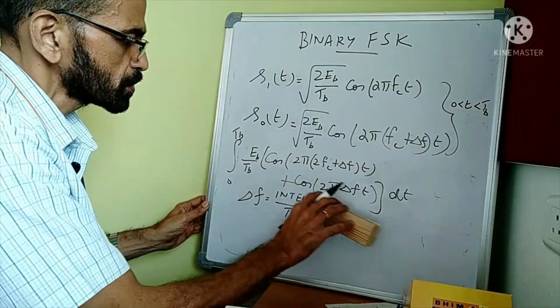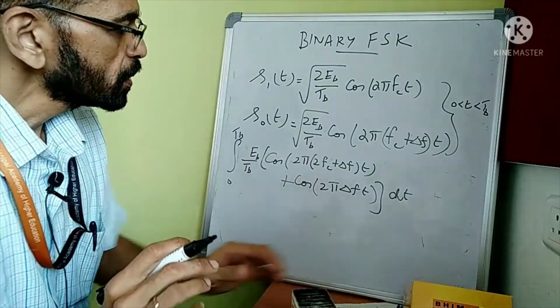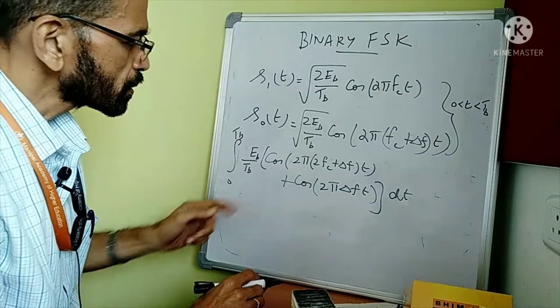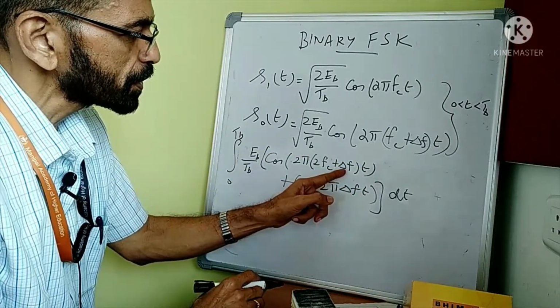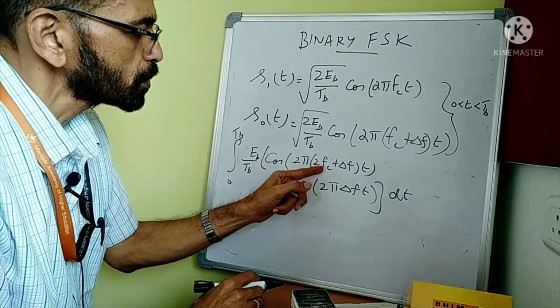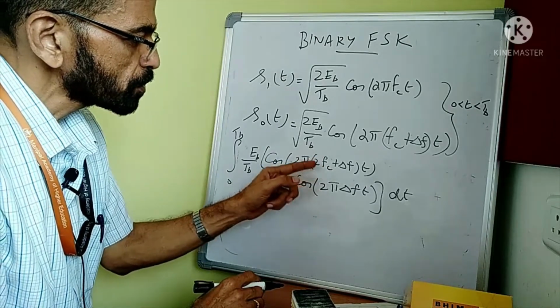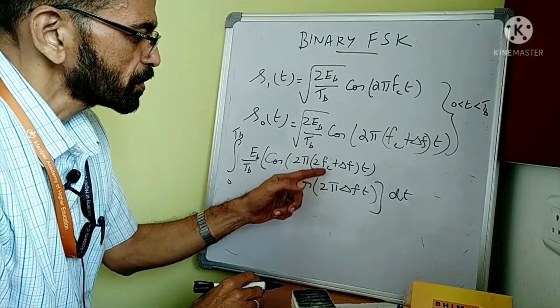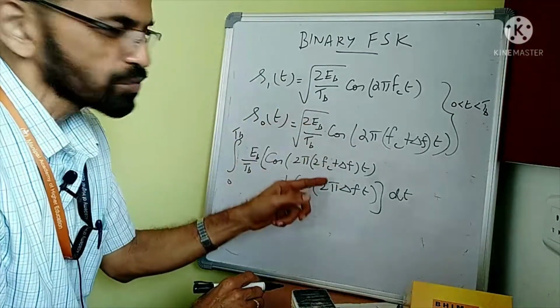This correlation coefficient, or this integral, will be 0. And this becoming 0 when delta f is integer times 1 by TB is quite obvious, because anyhow fc is also already integer times 1 by TB. So 2 into integer times 1 by TB is another integer times 1 by TB, plus integer times 1 by TB is nothing but integer times 1 by TB.